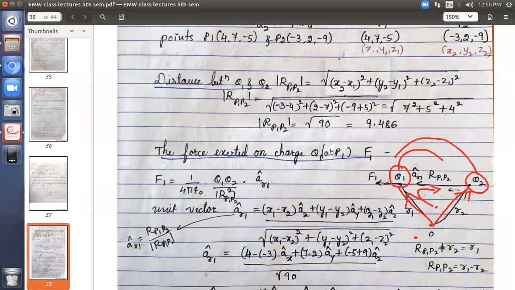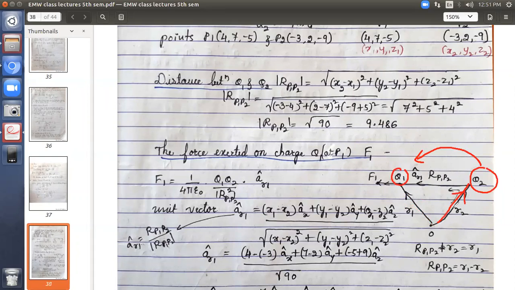The charge Q1 will experience certain force because of charge Q2. So the direction is in this manner. Hence, if R2's direction is in this way, this is in the opposite direction like that. So I will take the continuity, a triangle like this in this direction, because the force on Q1 is because of Q2. Hence, the direction is in this way.